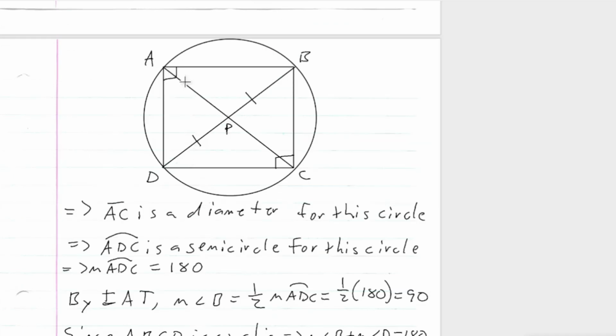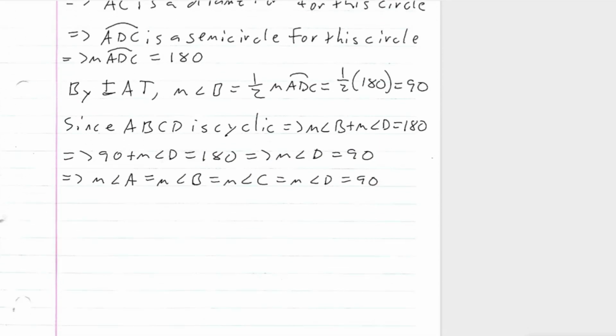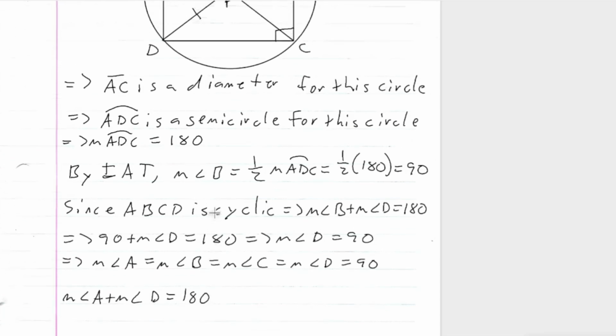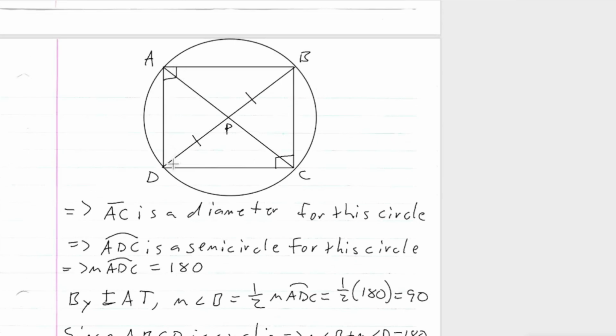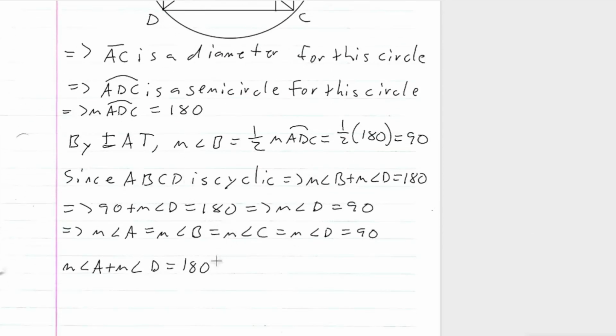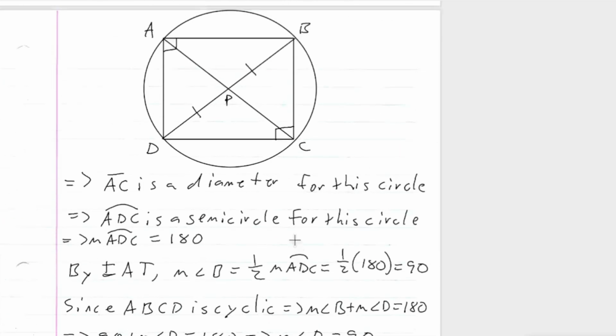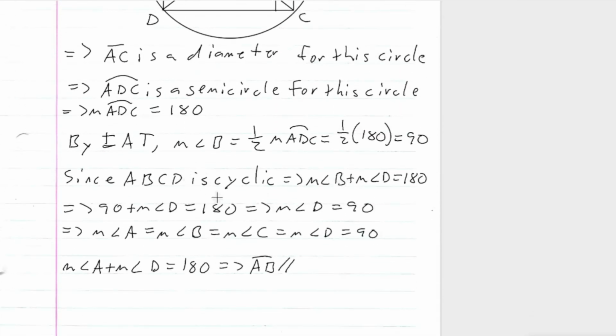So now I know the measure of angle A plus the measure of angle D is 180, right? So the sum of these two angles is 180, which implies that AB is parallel to DC, or CD.